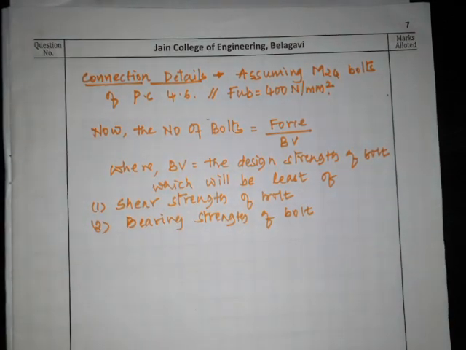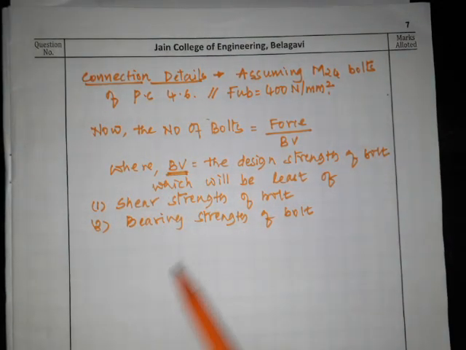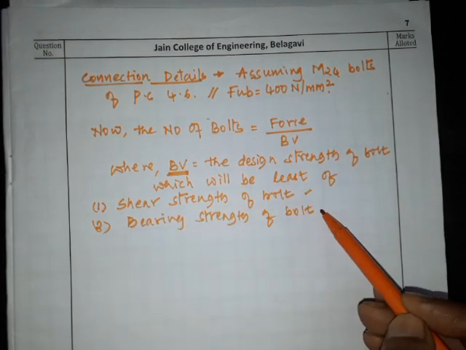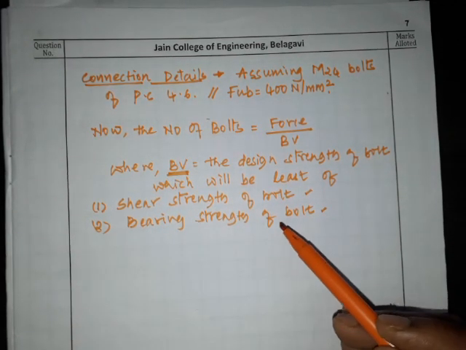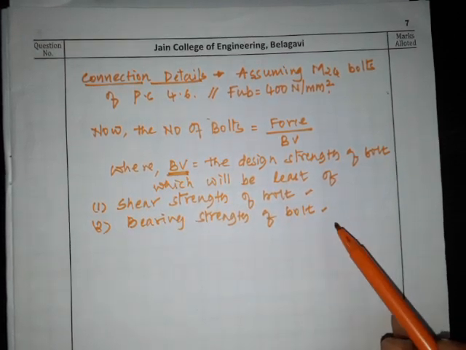You have to find the bolt value BV, which will be the least of the shear strength of bolt and the bearing strength of bolt. So here you have to find the shear strength and bearing strength of bolt.